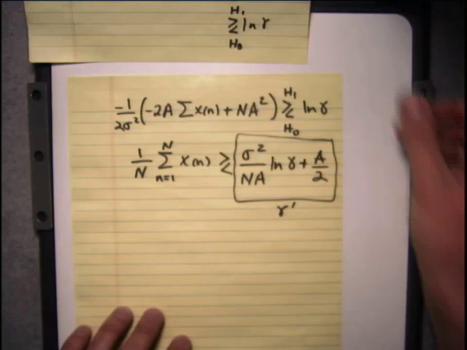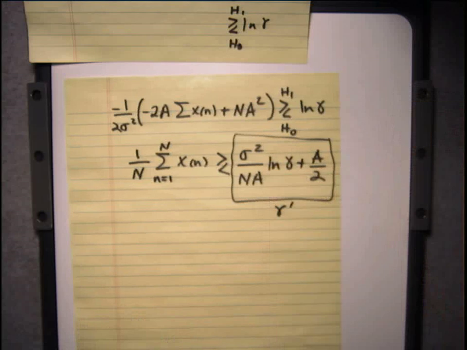So one thing I want to point out is that this left-hand side is only a function of the data, right? The right-hand side, however, is not only a function of gamma, but also of some parameters. It's a function of sigma squared, and it's a function of A. What this means is that you're assuming that you know A, and you're assuming that you know sigma squared.